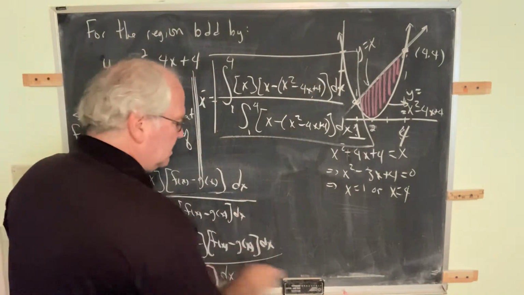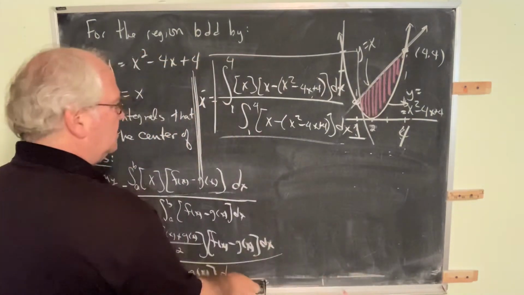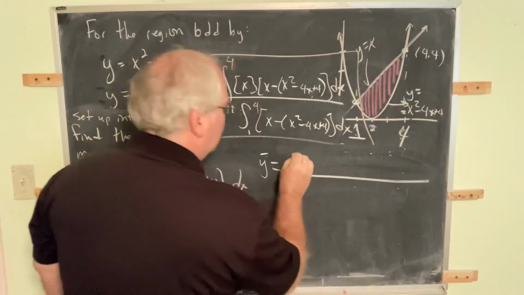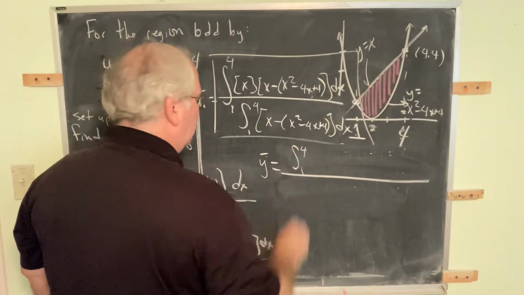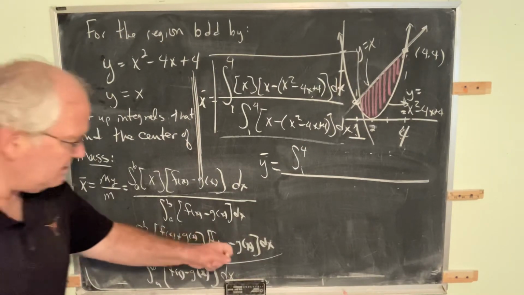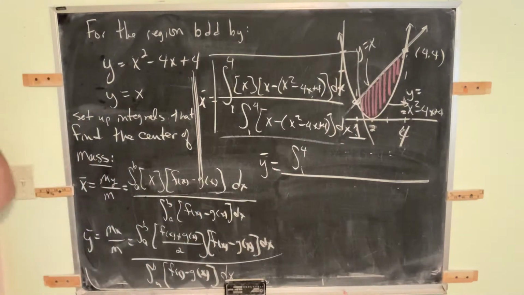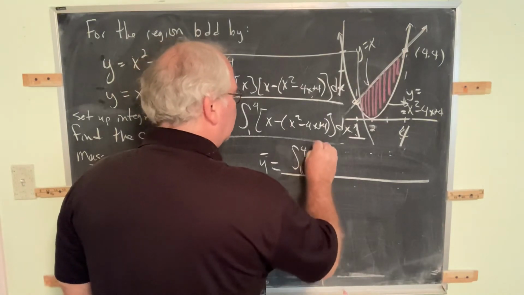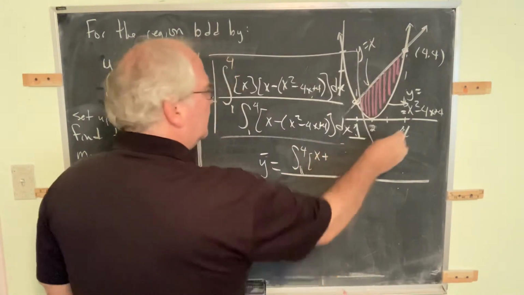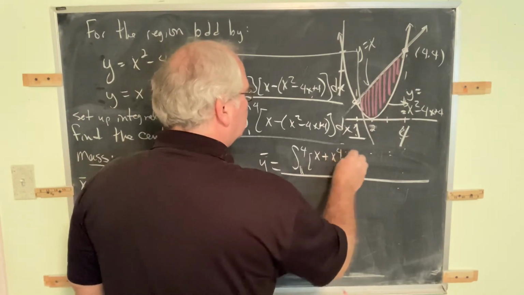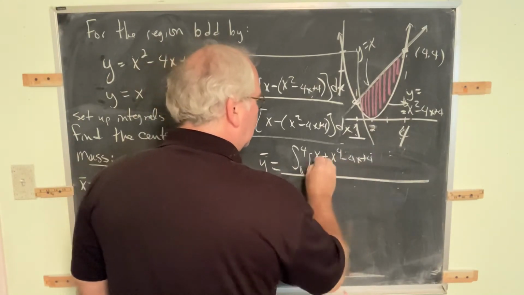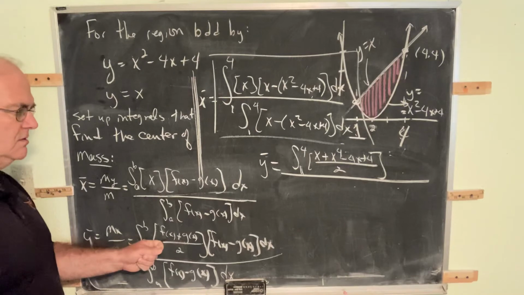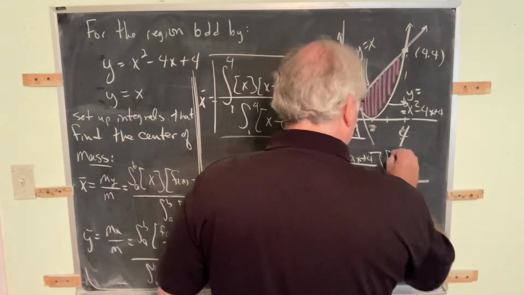I'm going to run out of space, so I'm going to get rid of this, and now use this to find y bar, which is the integral from 1 to 4. Now I need the average of the functions times the difference. The average is the top function plus the bottom function over 2, so there's a sum over 2 multiplied by the difference, x minus.